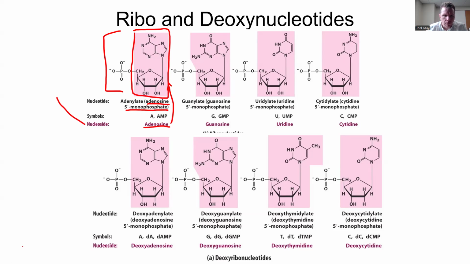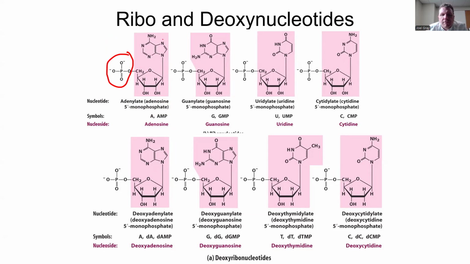Now, in addition to this, we've got a phosphate group here. So that phosphate group, what number is it on? Well, this says it's 5 prime. That prime is very significant, because we look at our sugar.